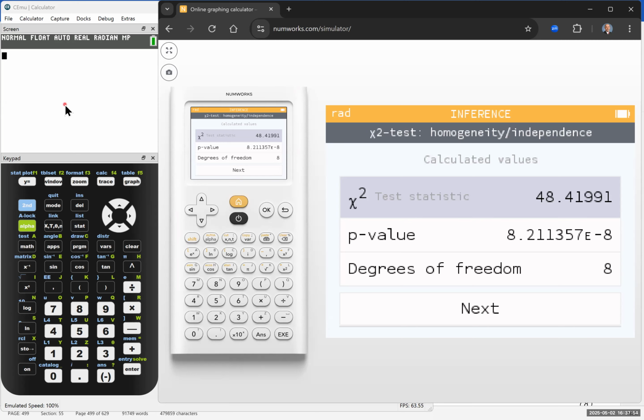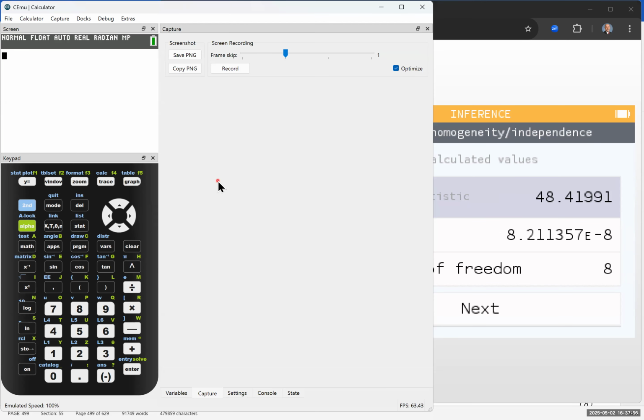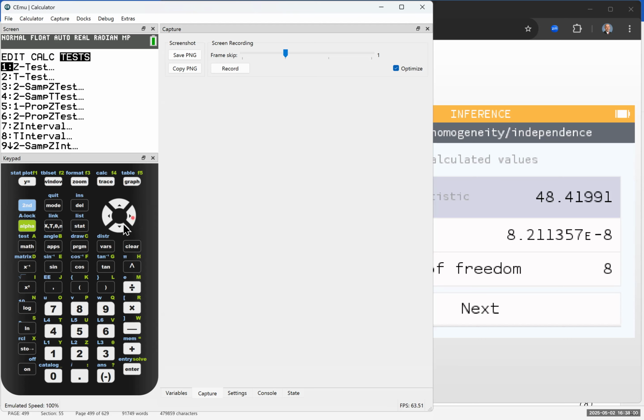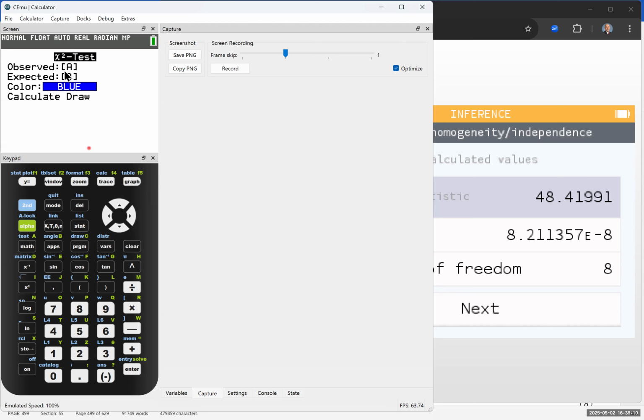But let's do the same thing here on the Texas Instruments. We should get those same values. So stat, tests, I'm going to move up one. Chi-square test is closer to the bottom. Click enter. Matrix A was my matrix of observed values.